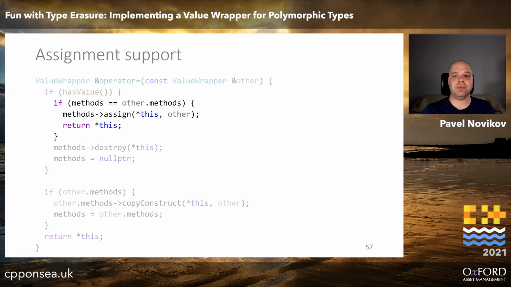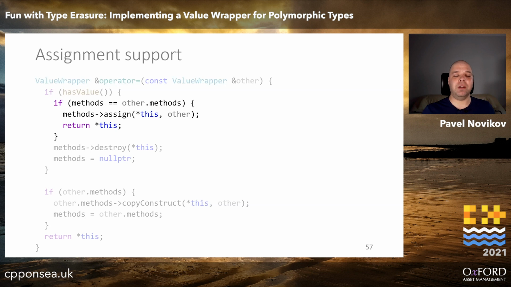We need to do a couple of small changes. In the copy assignment operator, we have to add this piece of code, which checks if the instances contain the same type.